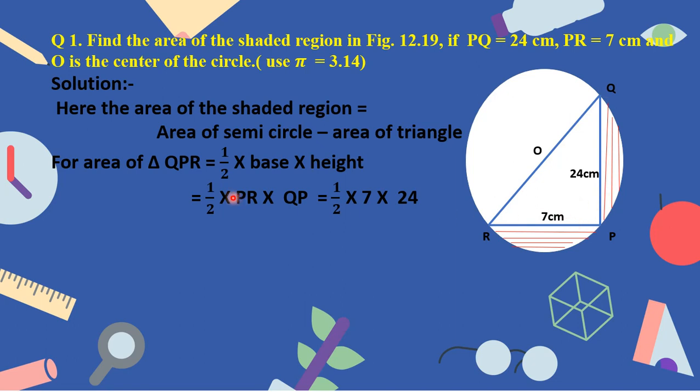So we can use the area of the triangle PQR equals half into base into height, that is equal to half into PR into QP, equal to half into 7 into 24.